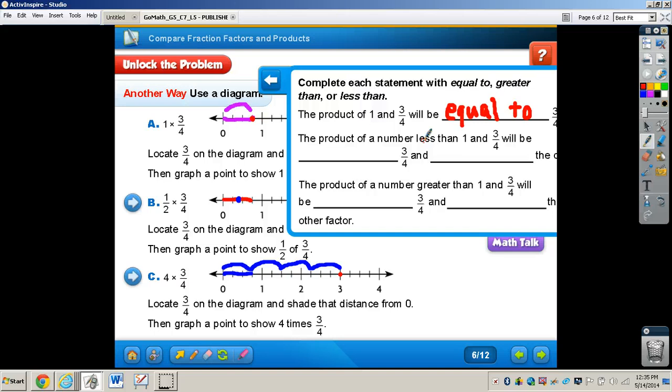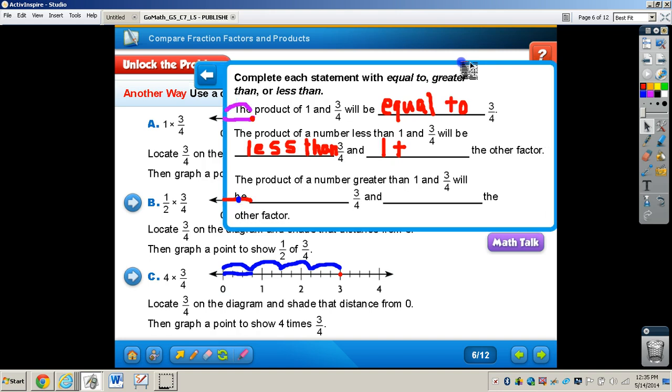So in other words, if I have 5/6 times 3/4, it's going to be less than 3/4 and also less than the other factor. So both of these would be less than. Let's write that in. I'll put LT, but I want you to write it out yourself.